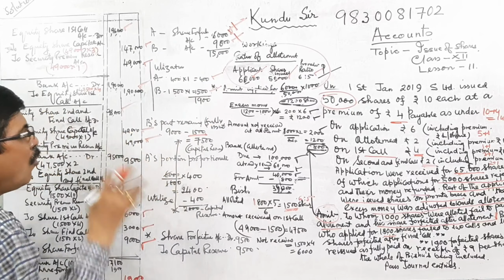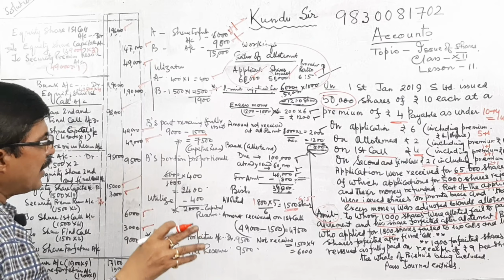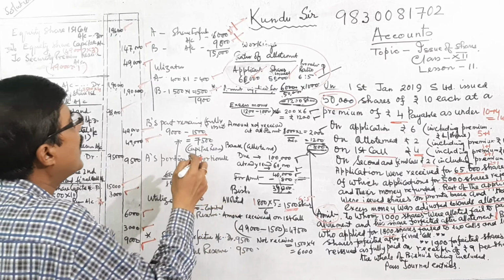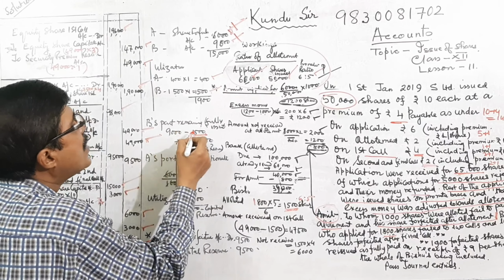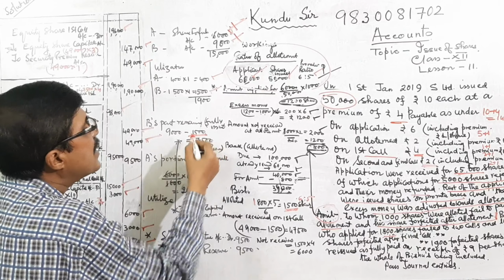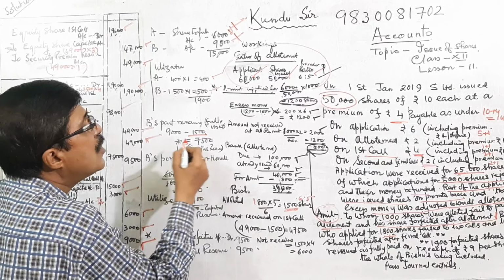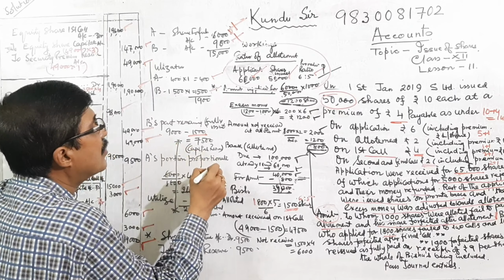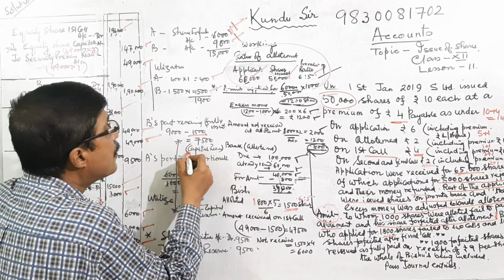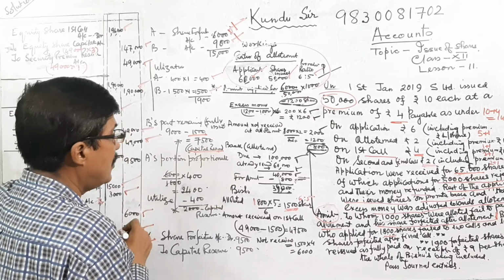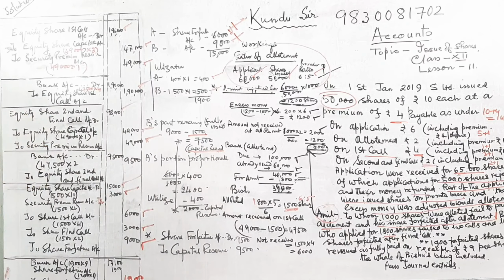That means the full share of Vishnu is reissued. That is why 9,000 minus 1,500, 7,500 to be transferred to capital reserve account.